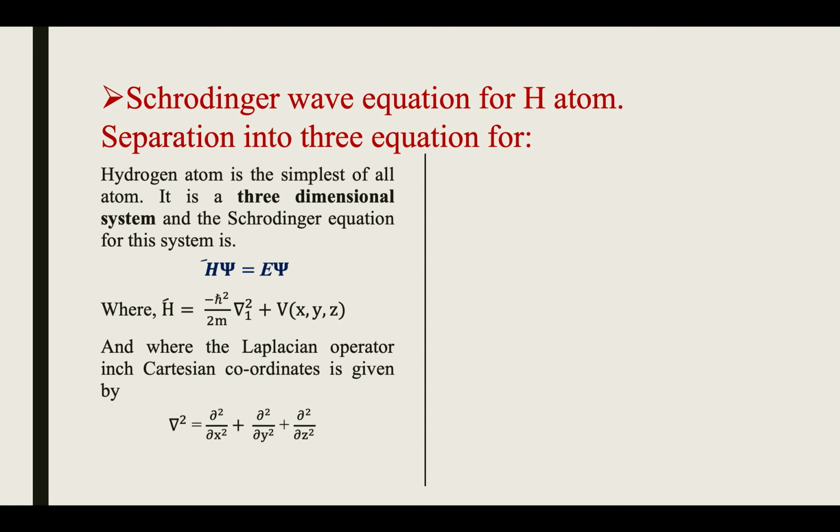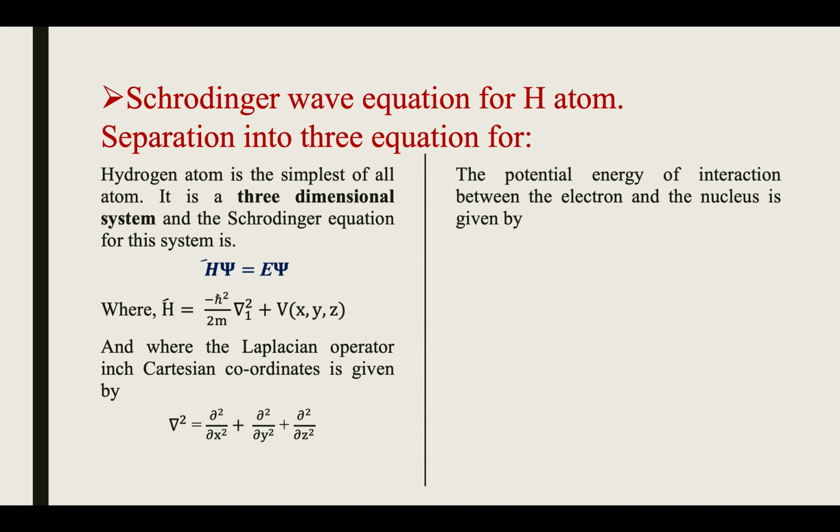The Laplacian operator in Cartesian coordinates is given by del square by del x square plus del square by del y square plus del square by del z square.